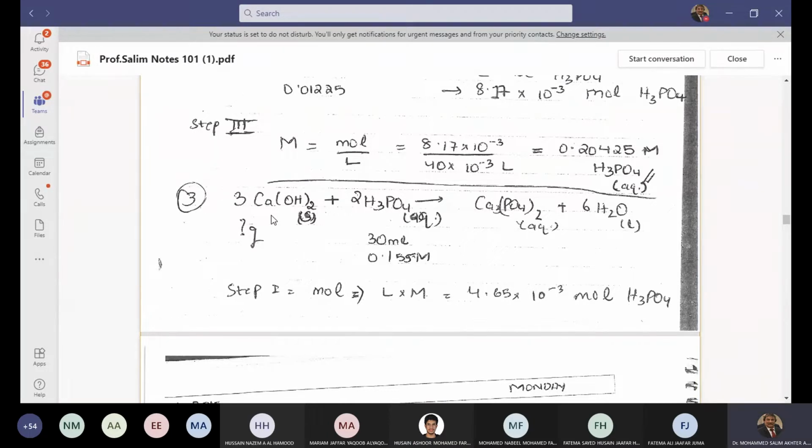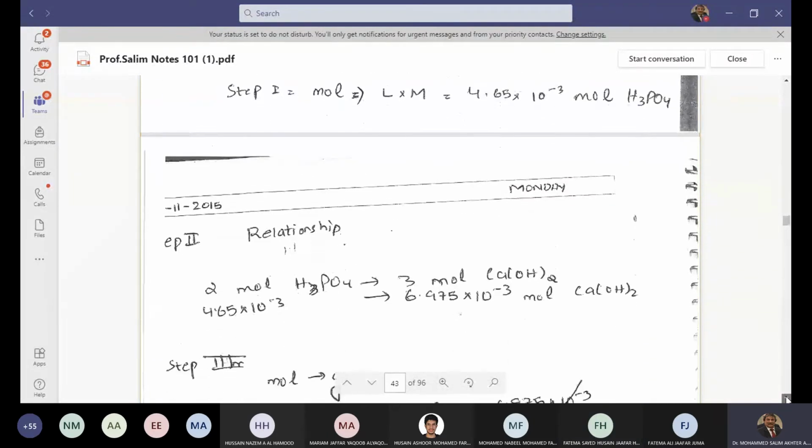I don't know where I got this number 74 from. From the periodic table. And what is 74 the molar mass of? Ca(OH)2. Very good. So this is the relationship.